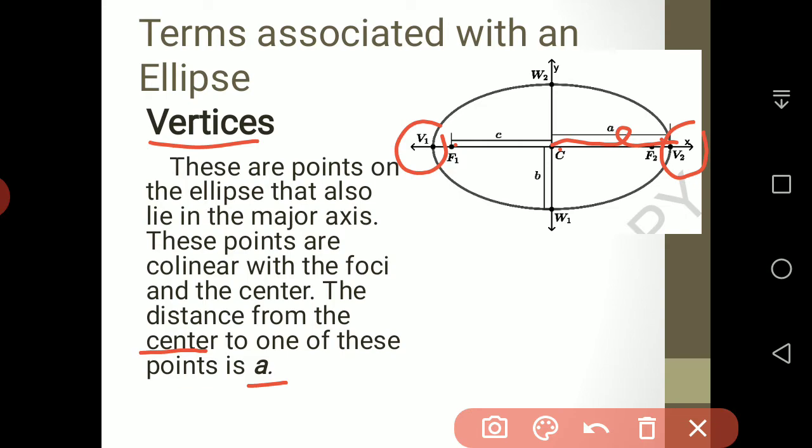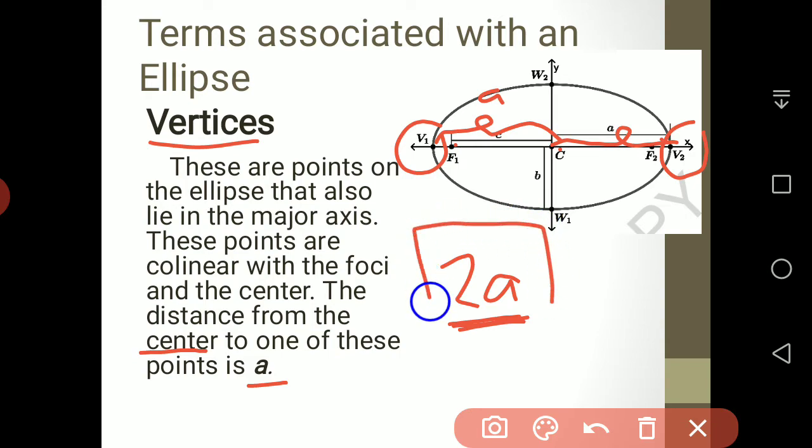From the center to any of the vertices is again a, which means that the length of our ellipse is equal to 2a. And remember, 2a here is our constant sum.